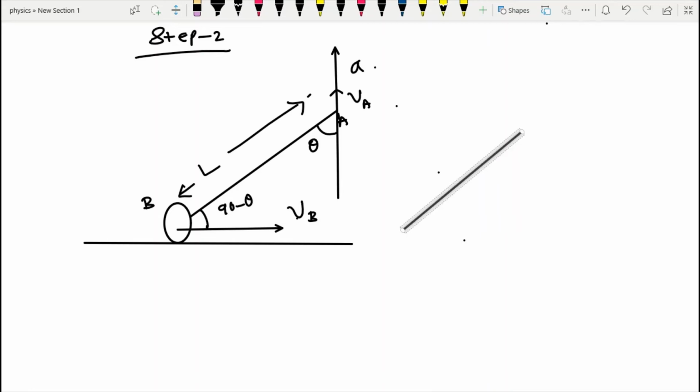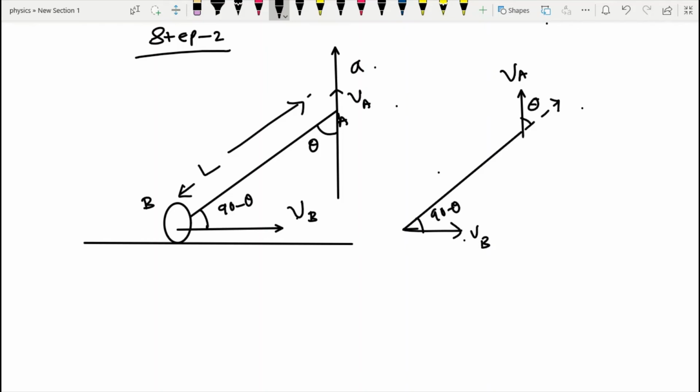So I will show you how to get the relation between the velocities. Velocity of this end is in upward direction. This is VA, and this angle is theta, and you can take this velocity also. This velocity will be VB, and it is 90 minus theta.